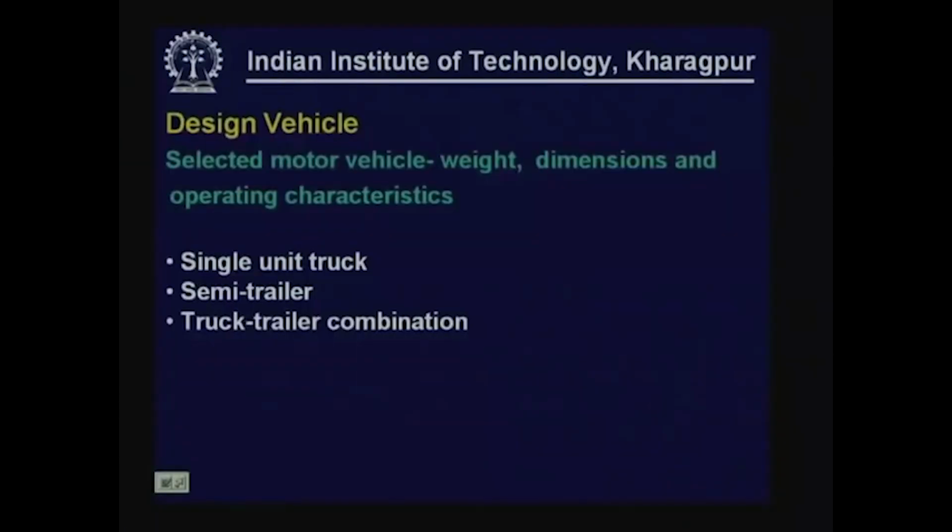There are different types of vehicles that are considered as design vehicles. Say for Indian conditions, single unit truck, semi-trailer, truck-trailer combination, all these vehicles can be used as design vehicles.